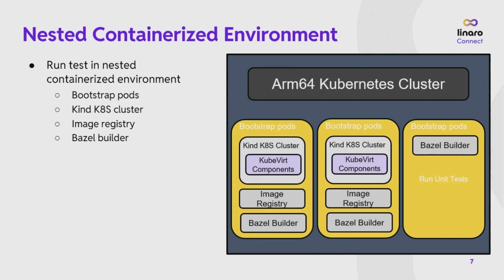Within this container, we use a tool named kind to create a Kubernetes cluster, and on it, we deploy the KubeVirt components. Now we have an isolated E2E test environment, and we can run E2E tests on it. We also deploy an image registry on it to serve the local test images, and we also containerize the build process in the Bazel builder image.